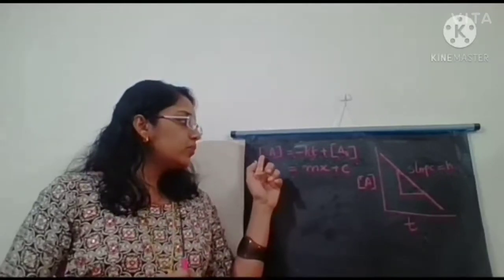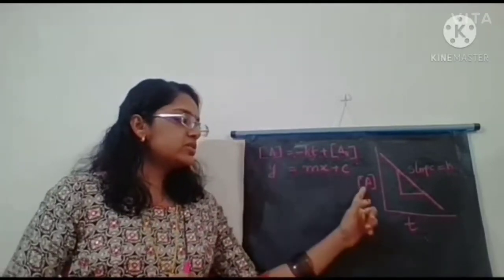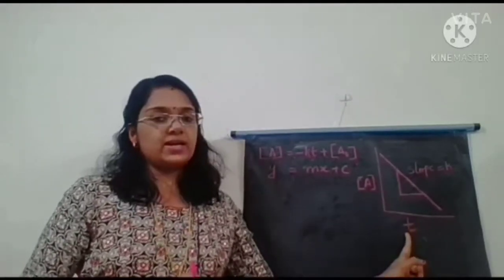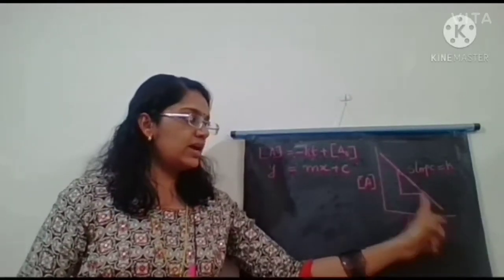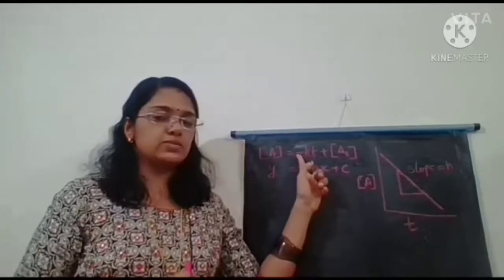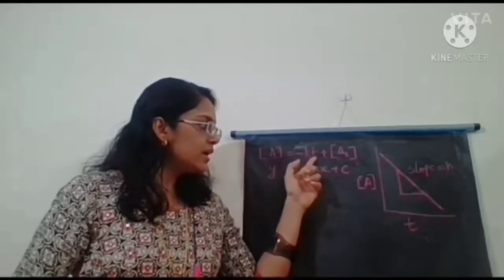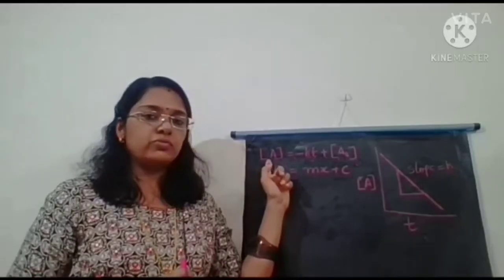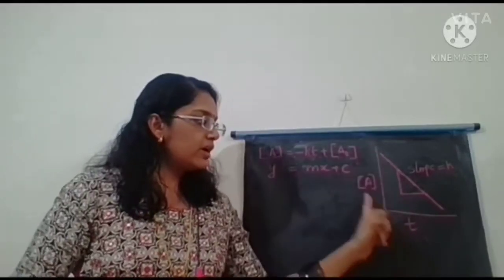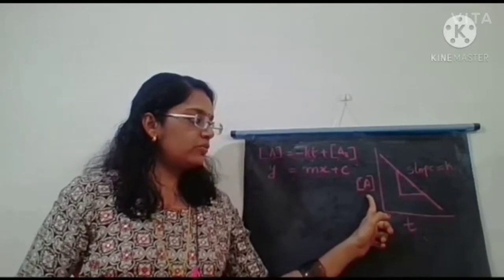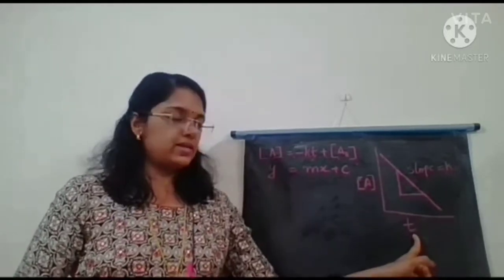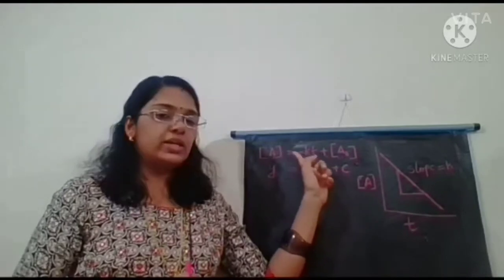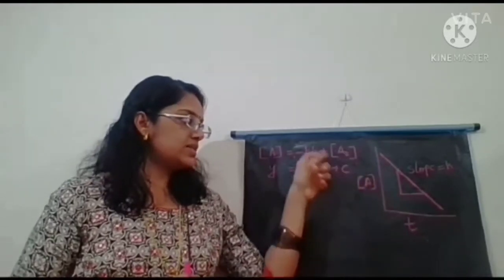So when we plot a graph between concentration of A on the y-axis and time on the x-axis, we will get a straight line with slope minus k, because here x is t and y is concentration of A. We will get a slope of negative k and intercept as concentration of A0.